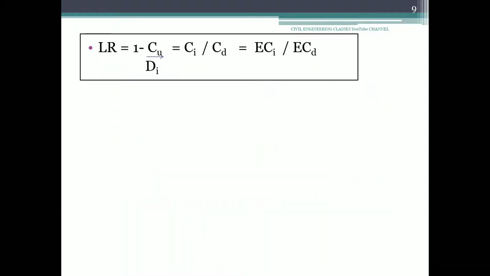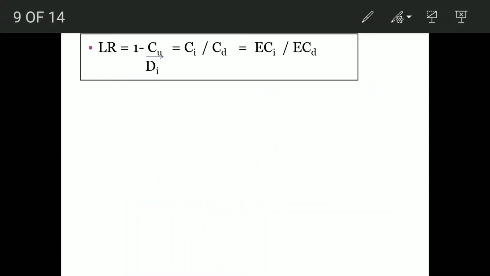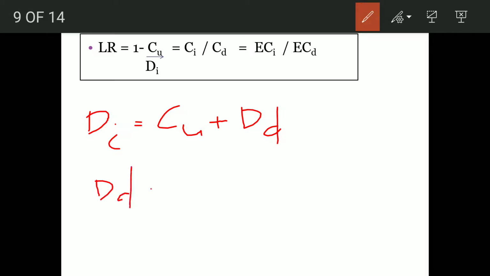Coming to a different equation for leaching. We have already said the total irrigation water, that is DI, equals consumptive use plus DD, that is the water that is drained for leaching. So, we can write DD equal to DI minus CU.